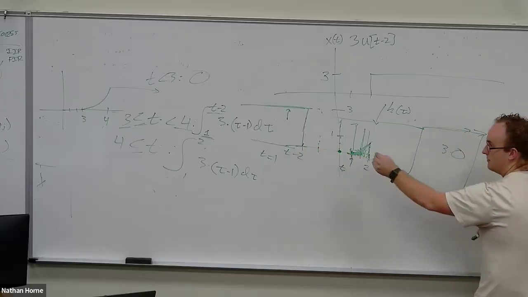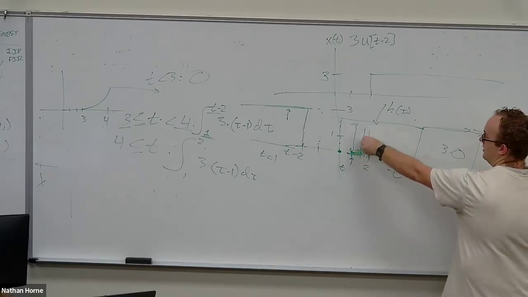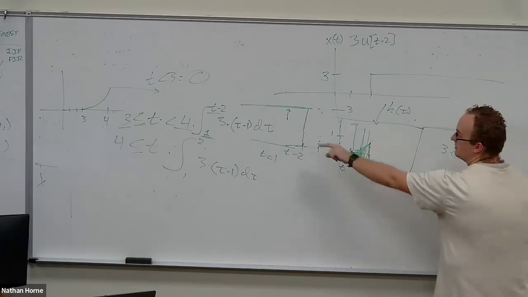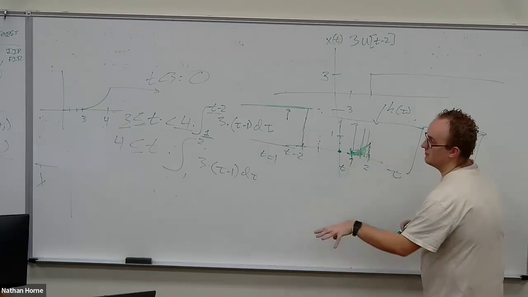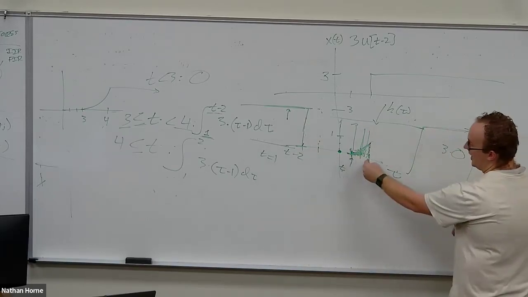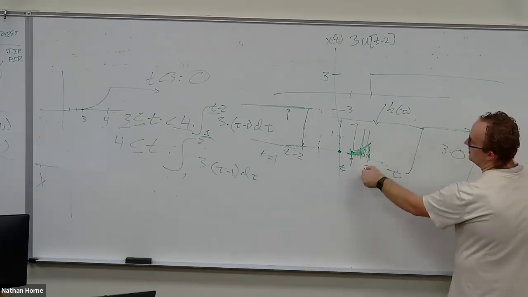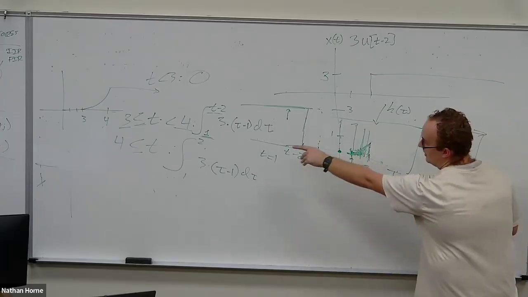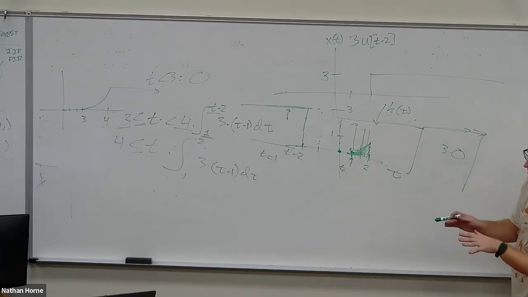So as t is shifting from 3 to 4, it defines the upper bound and it's moving, so it has to be some formula in terms of t as t changes from 3 to 4. But once we get past 2, now it's not defining the upper edge of our overlap. This static point at 2 is. That's why the upper bound changes to 2. That kind of makes sense? So the triangle's 2 is what the t minus 2 is for the step.